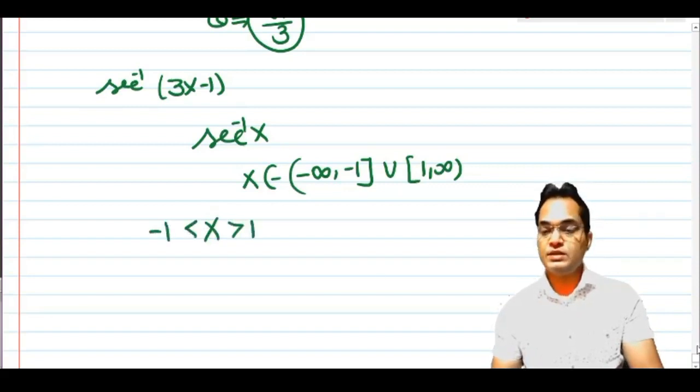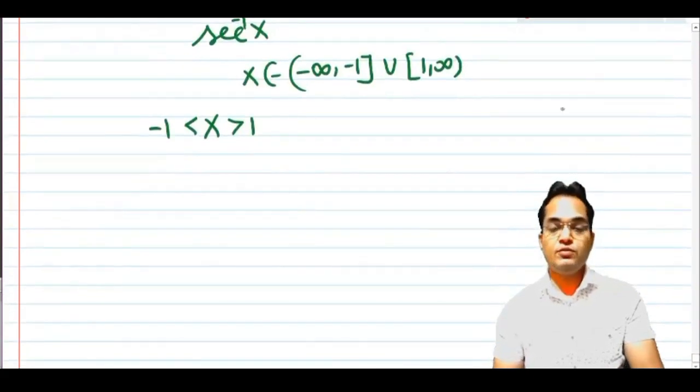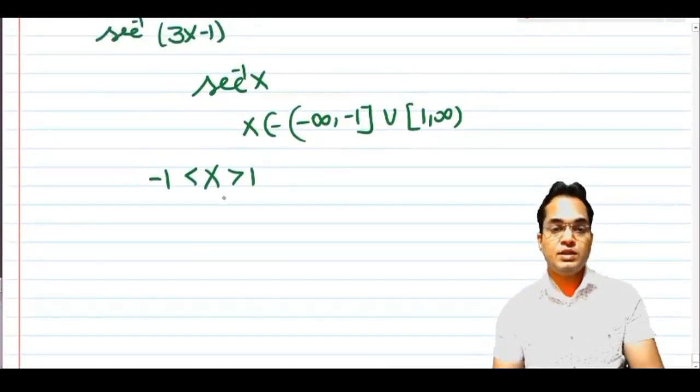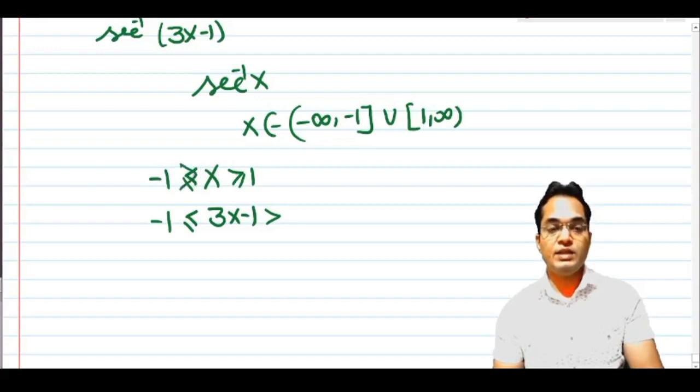That's why for the question, 3x minus 1 is less than or equal to minus 1, not greater than or equal to, and here it is greater than or equal to 1.